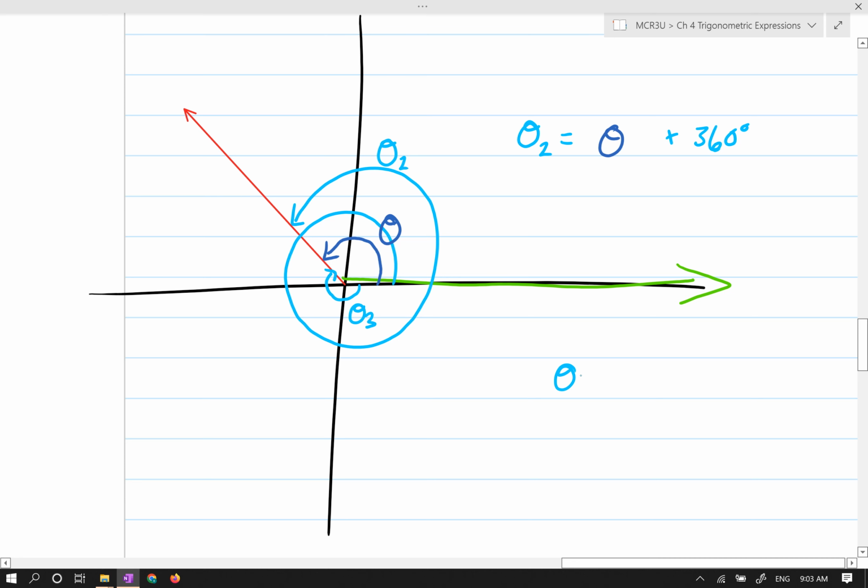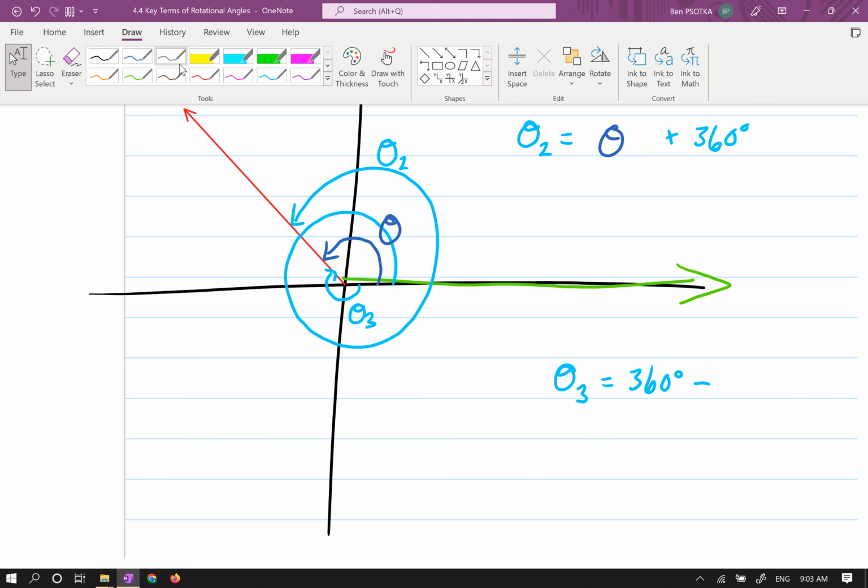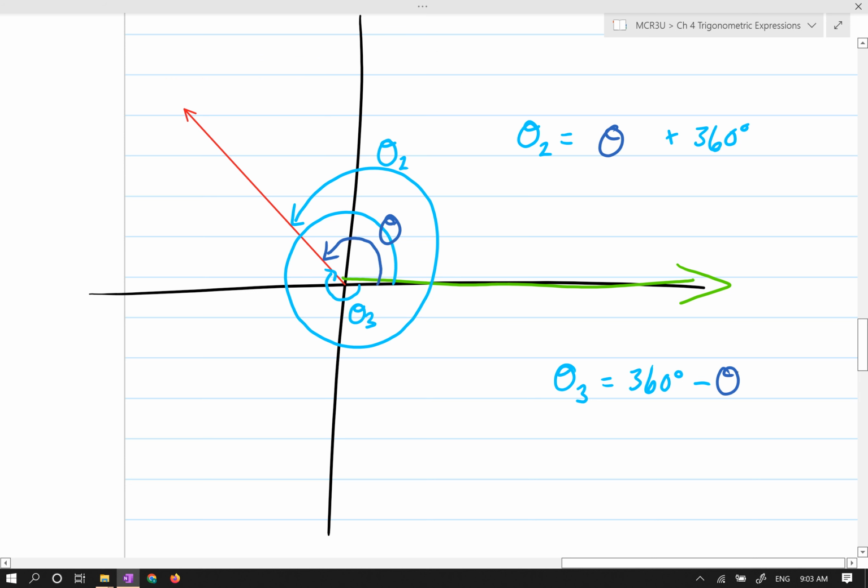Theta 3 equals 360 degrees minus our principal angle, because we could see here that theta 3 plus theta would both equal a full revolution around the circle. So theta plus theta 3 would be equal to 360 degrees.